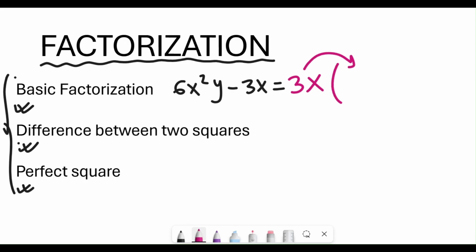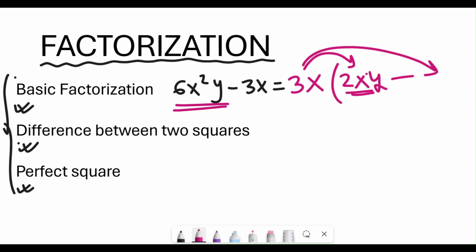So 3x multiplied by what will give us 6x squared y? 3 multiplied by 2, x multiplied by x, and there is y missing. Minus 3x multiplied by what will give us 3x? Oh, it's only 1, right? So that's the final answer.